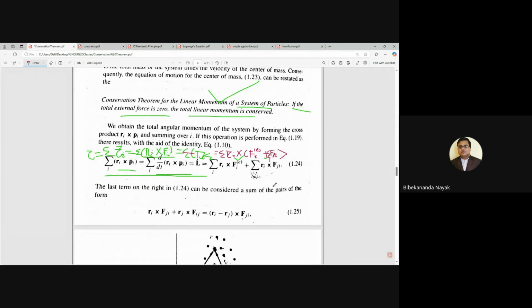So r_i cross F_i^e plus r_i cross F_ji. But we know F_ji is equal to minus F_ij.